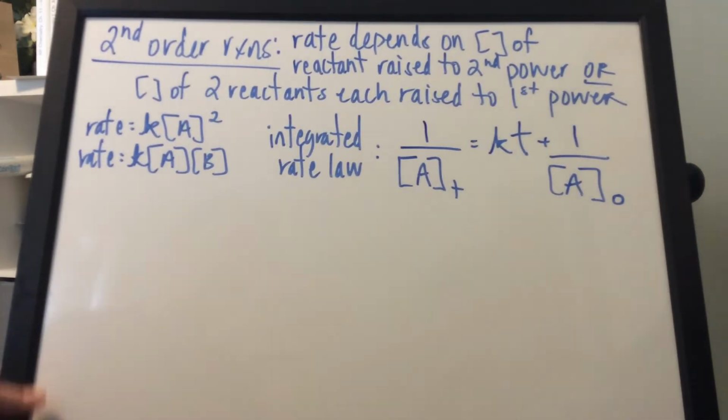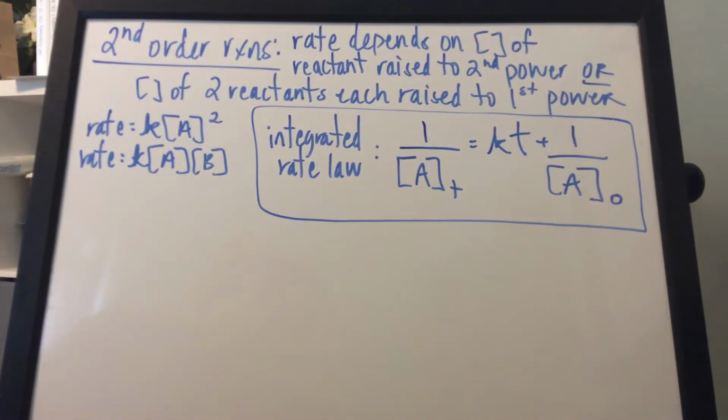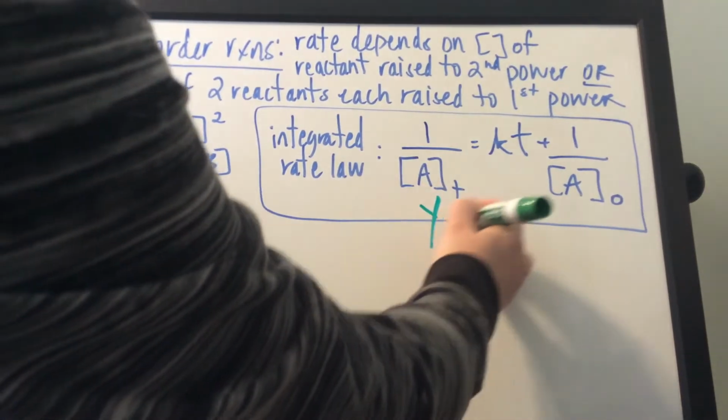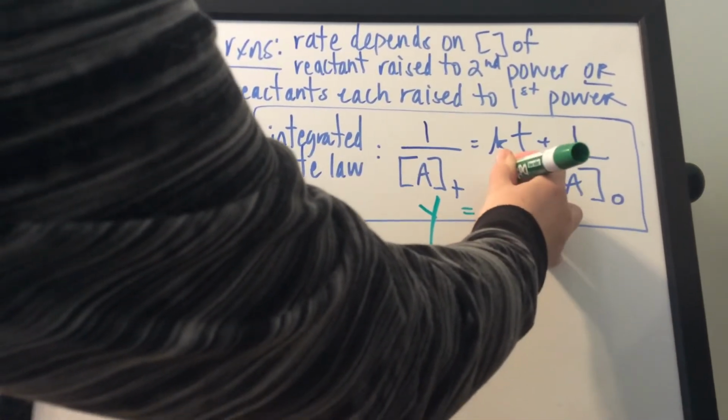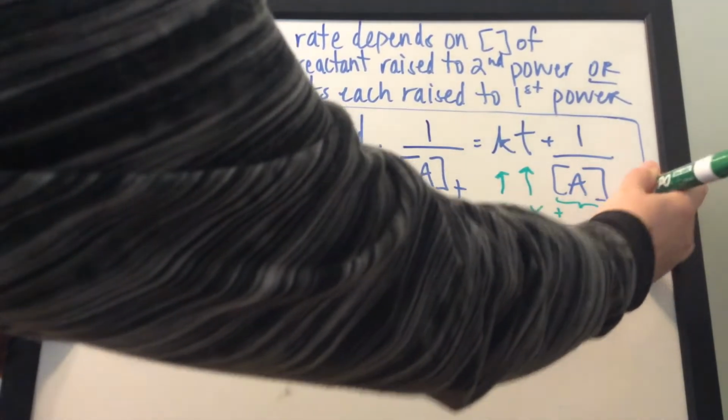Okay, so the integrated second order rate law looks like this: 1 over the concentration of A at some time t equals k, the rate constant, times t, time, plus 1 over the initial concentration of A. If you want to label those, you can. This is in slope-intercept form, so this is y, this is m, this is x, and then this whole thing is b.